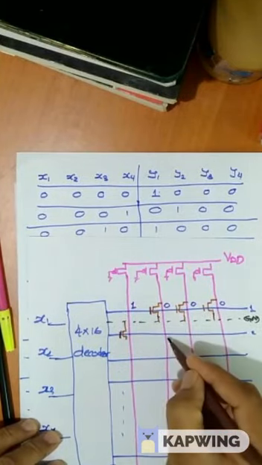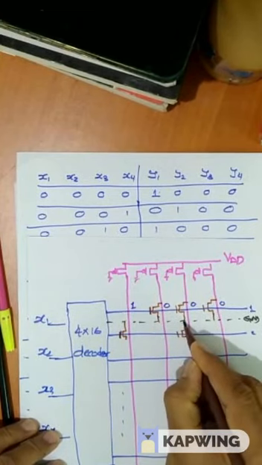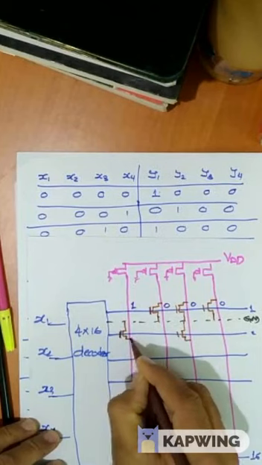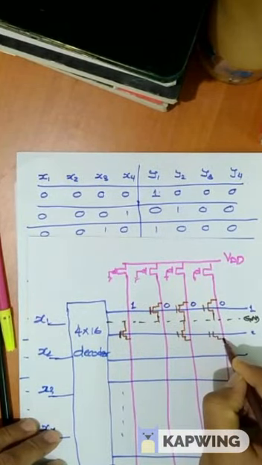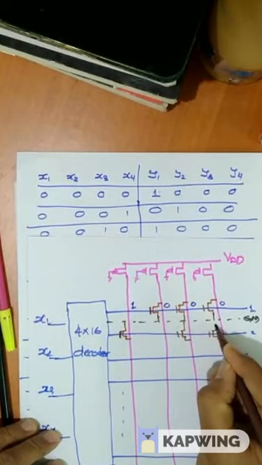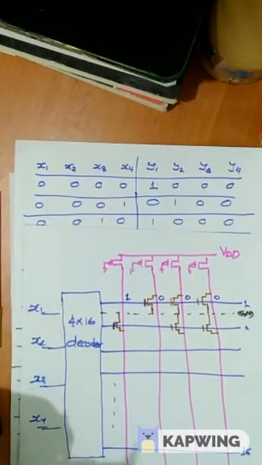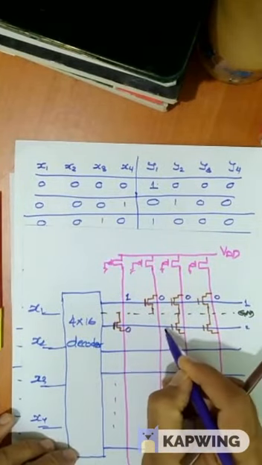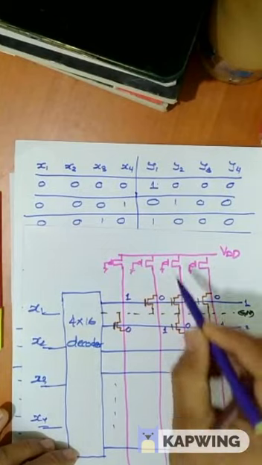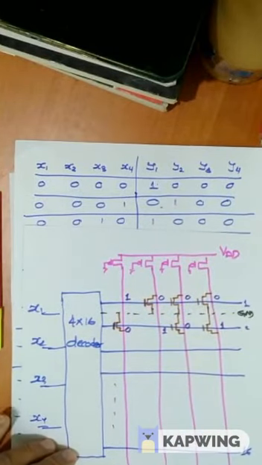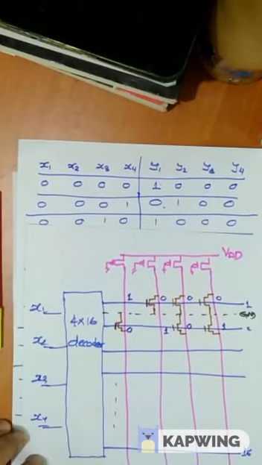Then the next is 1, there won't be any transistor, then there is 0, then there is 0. So this is a 0, this is a 1, this is a 0, this is a 0. So you will be able to extend this for the whole 16 combinations.